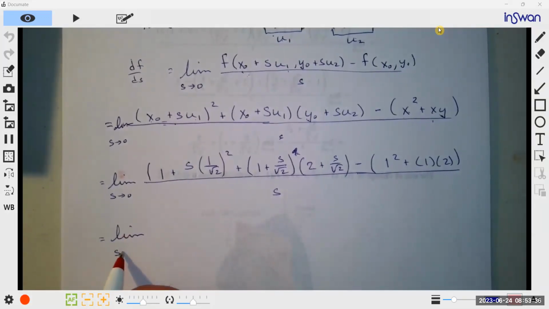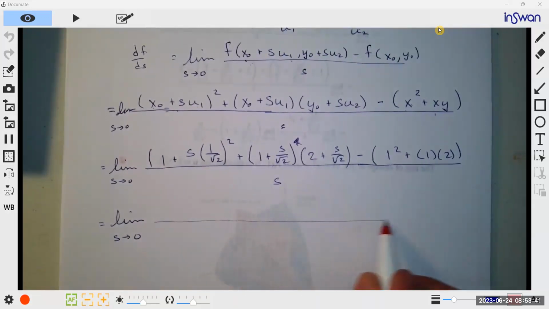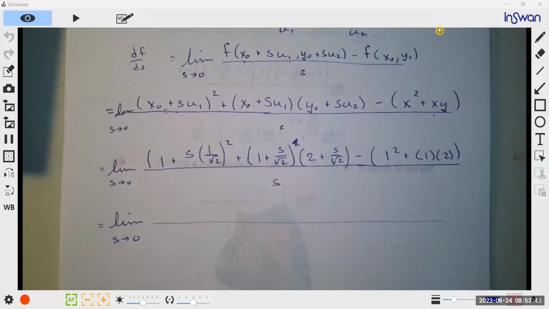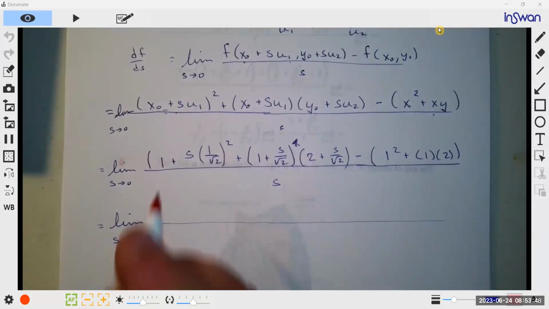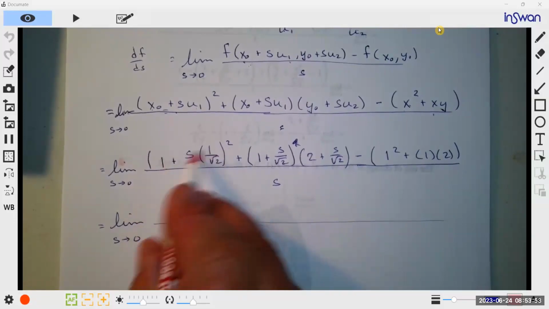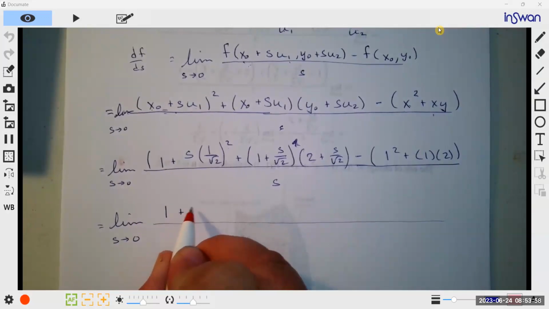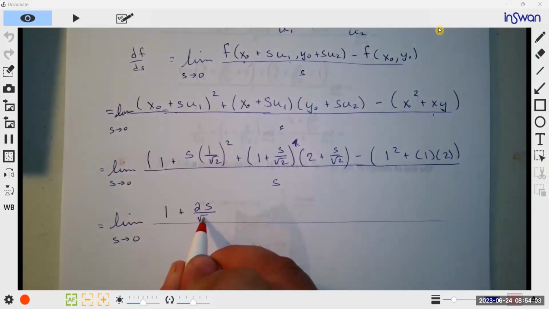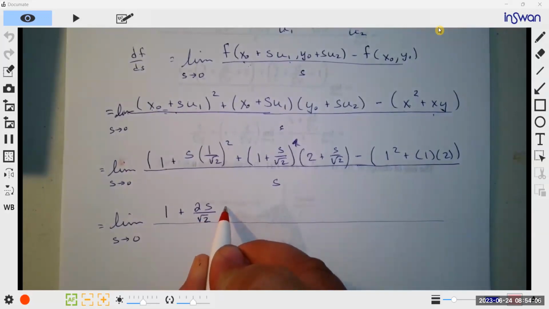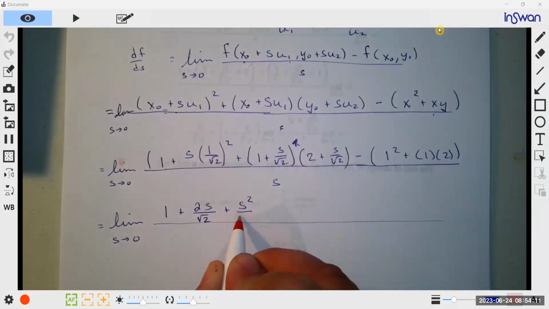The limit as s approaches 0. So we FOIL this, so we end up with 1 plus 2s over radical 2 plus s squared over 2.